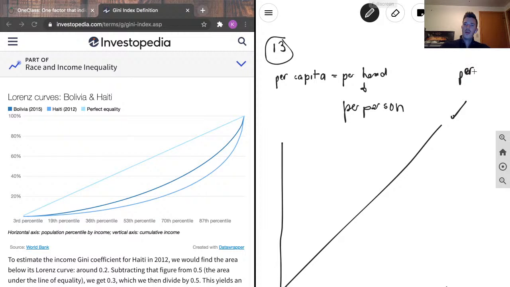So GDP per capita measures well-being by production or output per person, whereas the Gini coefficient measures well-being by how equally distributed a nation's well-being is.